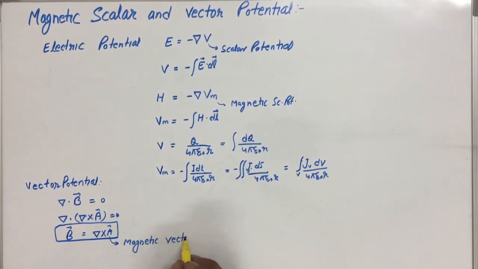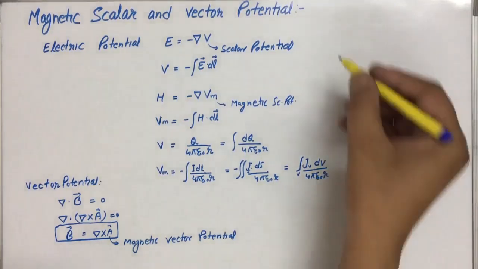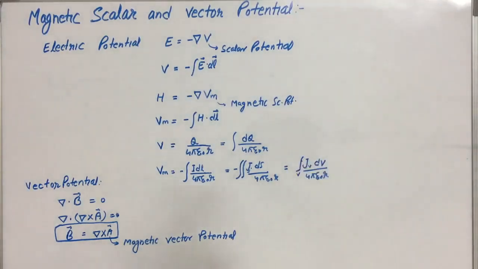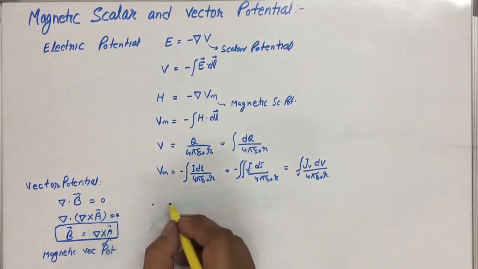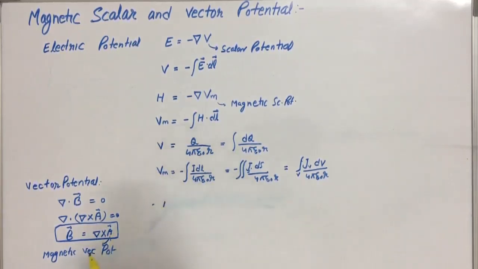So if we define this, we can say that magnetic vector potential is a quantity for which the curl is the magnetic flux density.